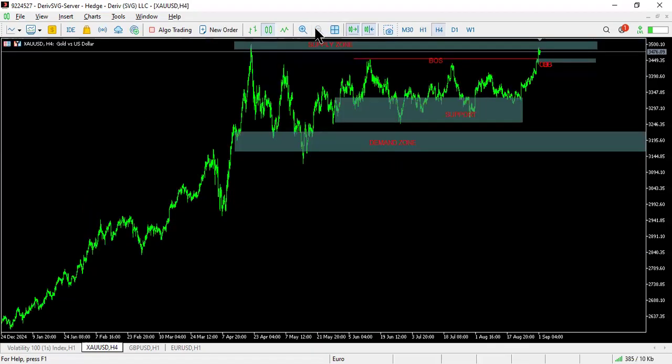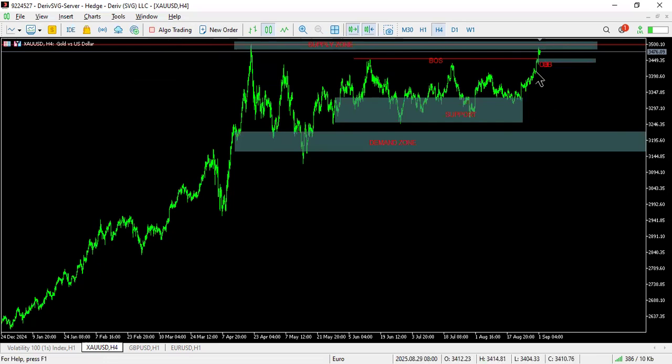Why? Because price has not yet cleared that high. The last high, price has not cleared that high, because price can just tap into that supply zone, and then it might decide to pull down.